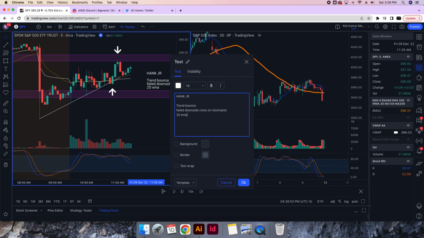In this example, we have the 20 EMA. We also have VWAP. So we got these nice 4 points of conviction. It's not what I consider a supply and demand zone play, but these 4 things are plenty.